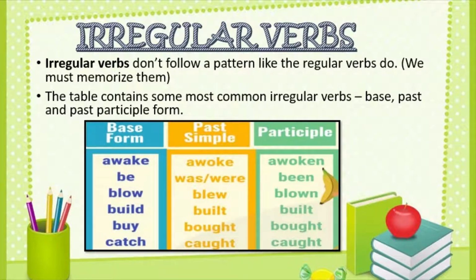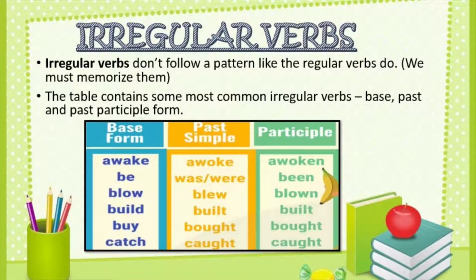So the base form is the word that we use in our daily life, and the past simple is the one that we are talking about right now, the things that already happened in the past. And the past participle is also the same as past simple. Okay, but you are going to learn this not in grade 3, but maybe in another grade.